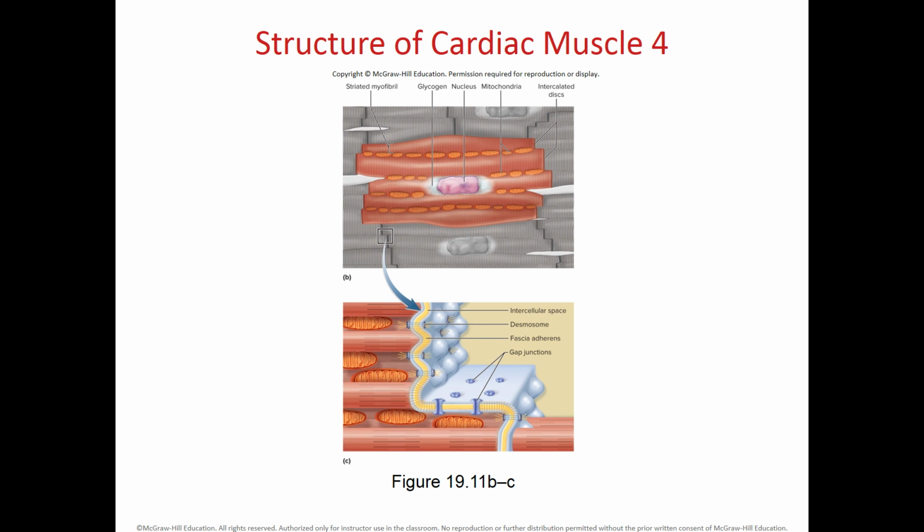The next key point is that the left atrioventricular valve is also known as the mitral valve, or bicuspid valve, and that the right atrioventricular valve is also known as tricuspid.